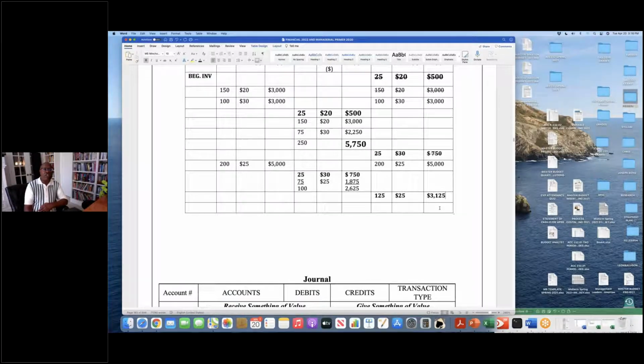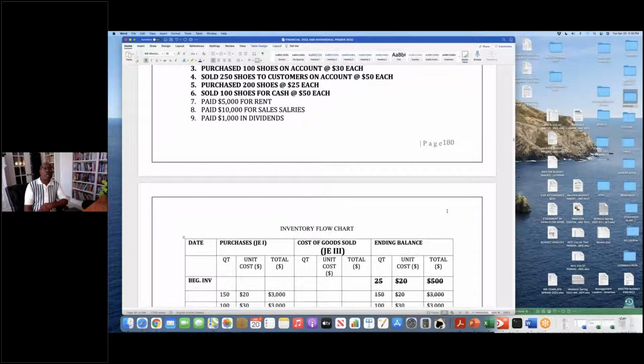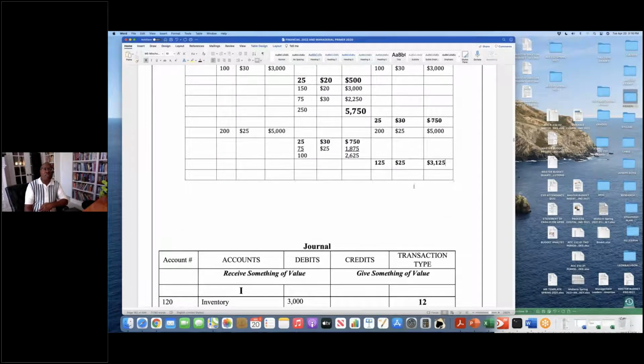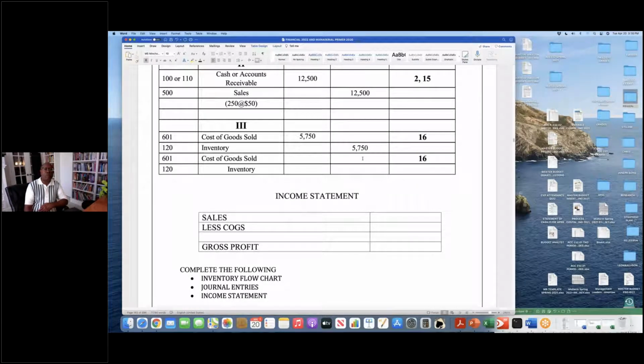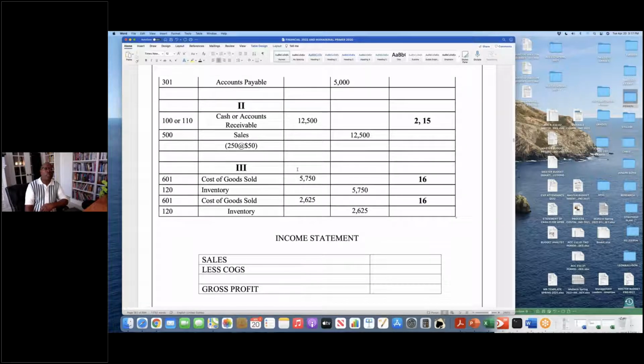Okay, so we got to make these journal entries. So we sold 100 at 50 each. So let's put our cost of goods sold in, 2,625. Then we're going to put in this next sale.